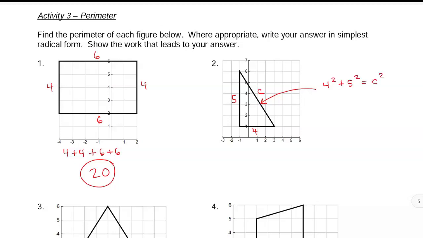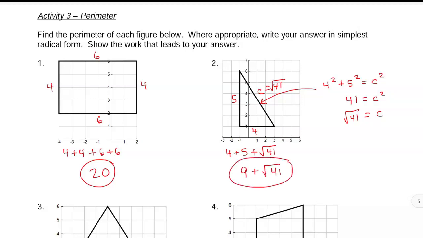And you can use your calculator. That is 41 equals C squared. So C is the square root of 41. Now that's not the same kind of number as 5 and 4. That's irrational. So I can add the 4 and the 5 together, but I cannot add the root 41 to that and get an exact answer. So this will end up being 9 plus root 41 as the perimeter of that triangle.